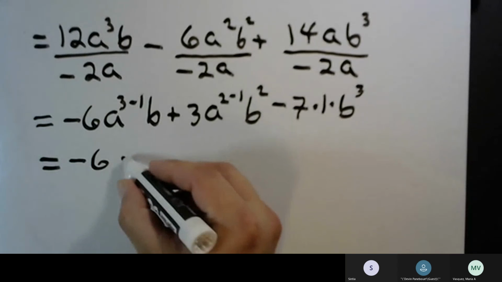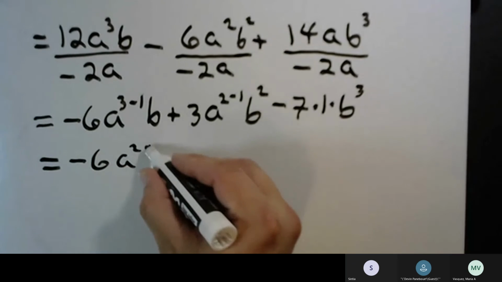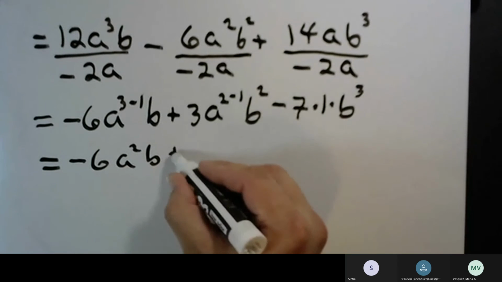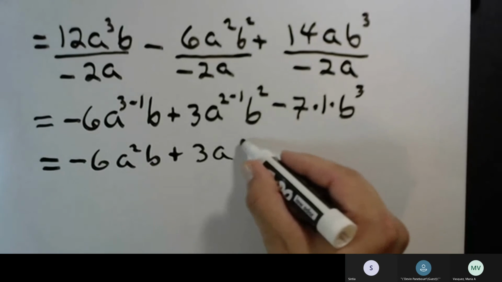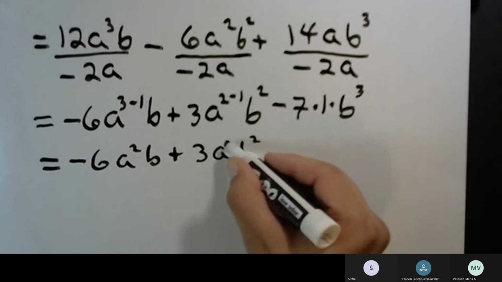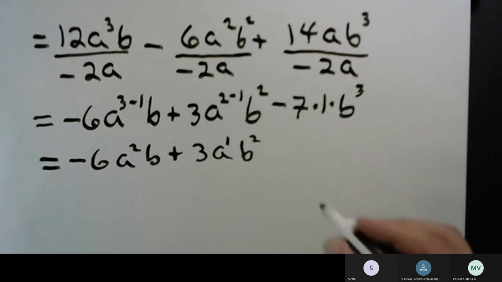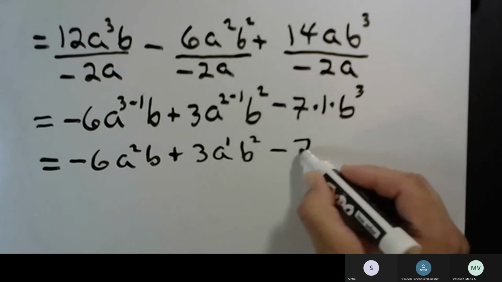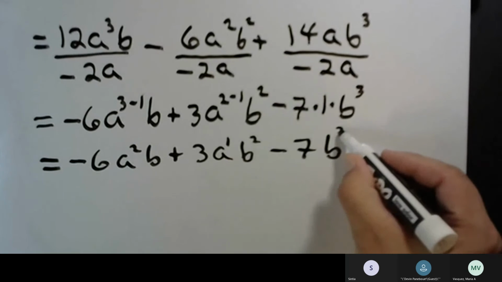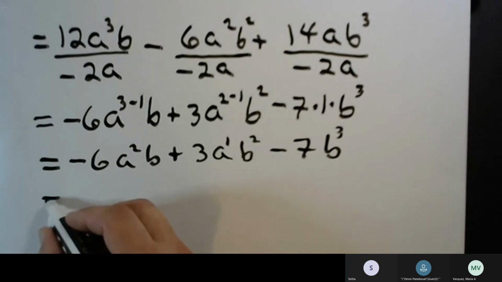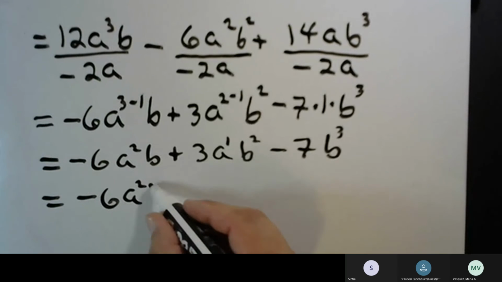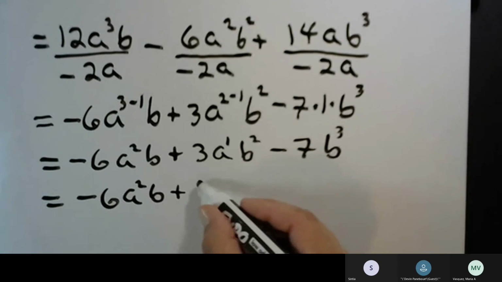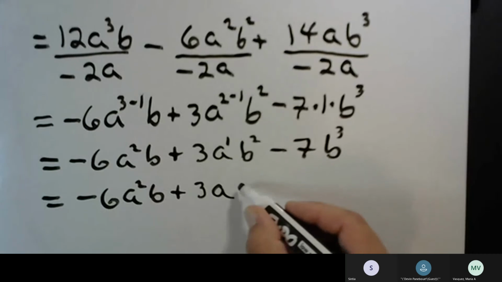So negative 6a squared b plus 3. It's a to the 1, which is just a. But since we did the subtraction, we'll put it there. 7b cubed. So the final answer, and again, a to the 1 is just a.